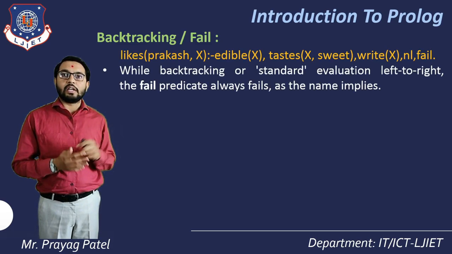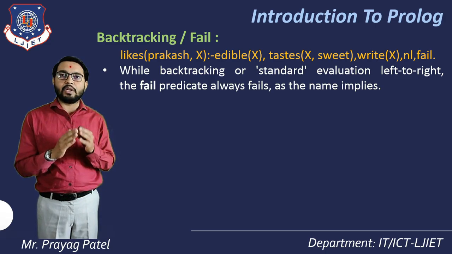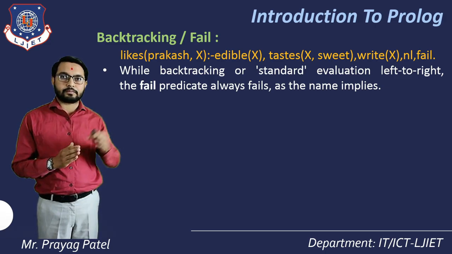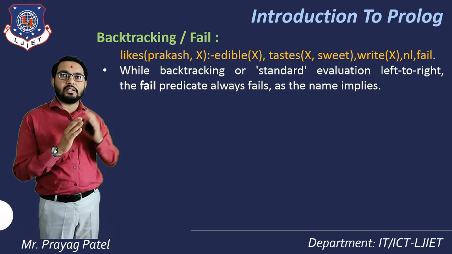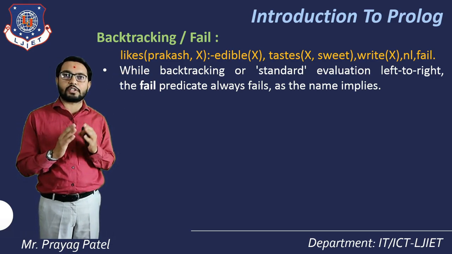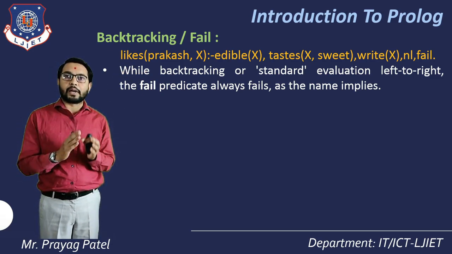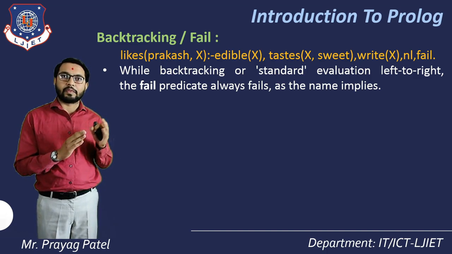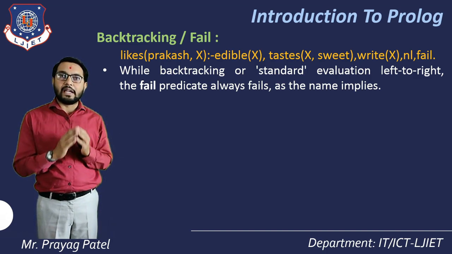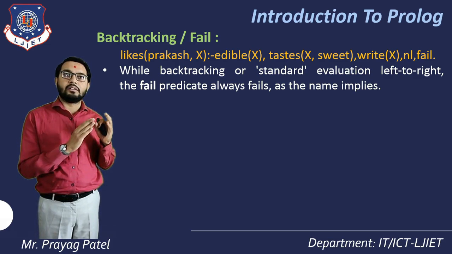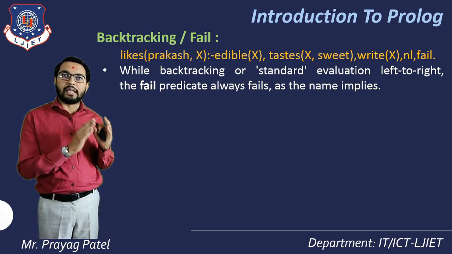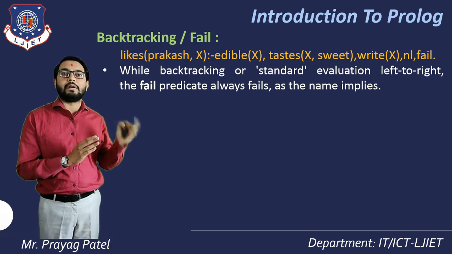Now understand the same example using the fail predicate. First, there are some changes in the given statement. The first statement is like this: Prakash likes X if X is edible and X taste is sweet, then write X, then NL, then fail.